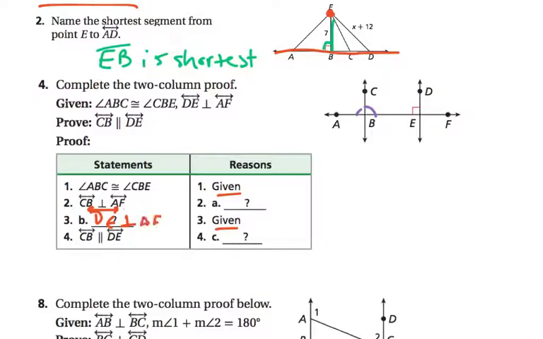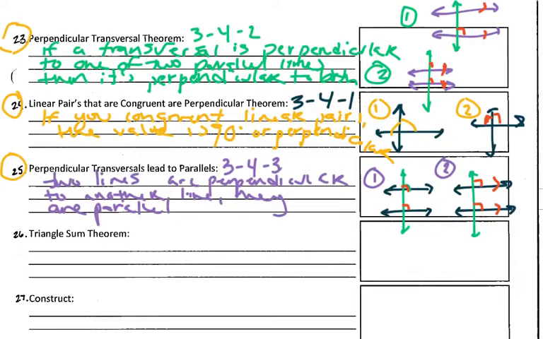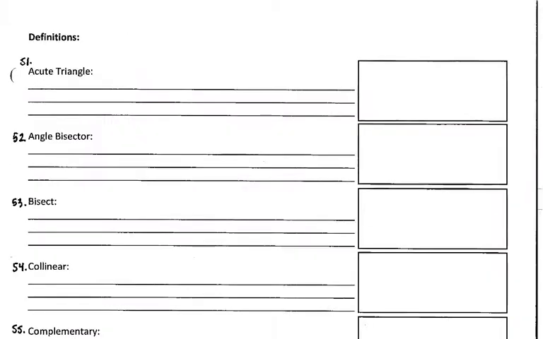So that one is an easy piece. Then we're saying that CB is perpendicular to AF. And that is what we were just looking at, which was the linear pairs that are congruent are perpendicular theorem.